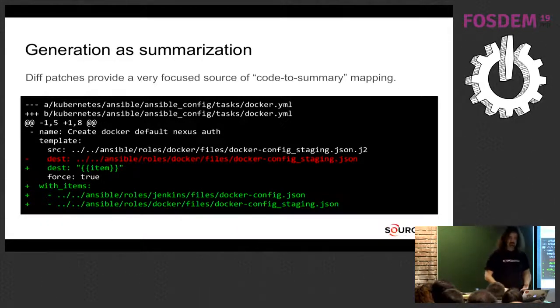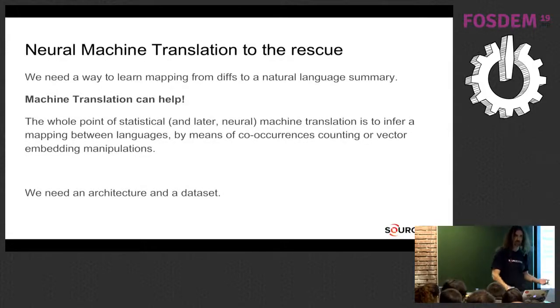What can we use for that? Neural networks. Neural networks are particularly good at generalizing mapping from source to target. And machine translation can actually help a lot, because the whole point of statistical machine translation, and later on neural machine translation nowadays, is to infer a mapping between languages, by means of counting the co-occurrences of words between two parallel corpora, or vector embedding manipulation.